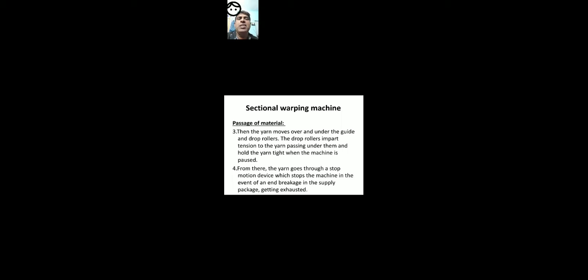In that case, the bare empty supply package is taken out and a new full supply package is placed on the creel and the machine is restarted again. So this is known as the stop motion function.